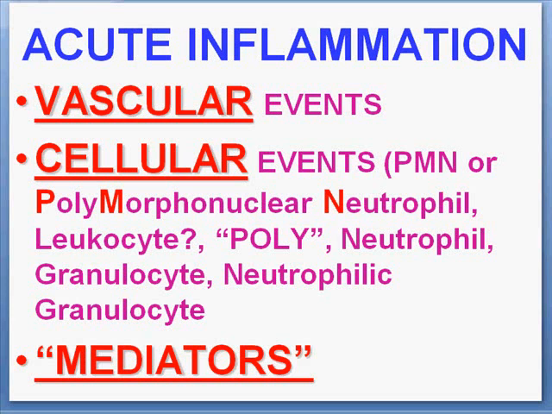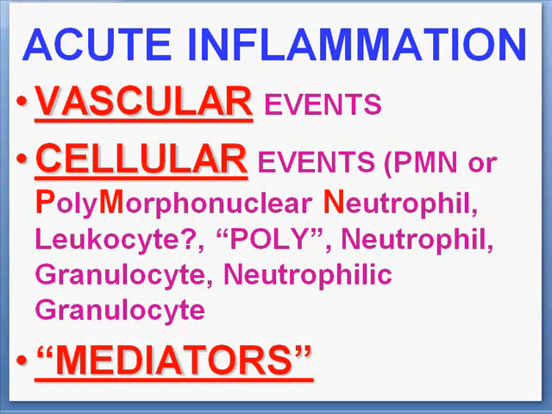You call it a poly, you call it a neutrophil, you call it a granulocyte, you call it a neutrophilic granulocyte. I call them everything, but my favorite term is poly. And then we can also remember that there are the mediators of acute inflammation, a whole wide variety of chemicals we're going to discuss briefly and show how they kind of fit into this big epic story.